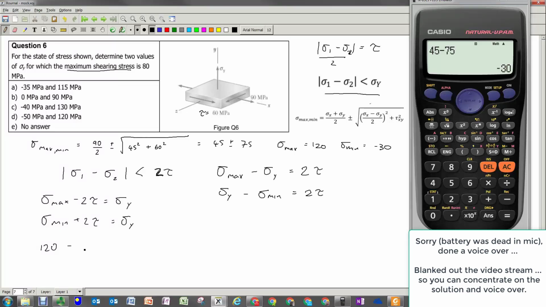We'll put the 120 in, take away 2 times the 80, and that will give us our first stress term in the y direction. So that gives us a minus 40.